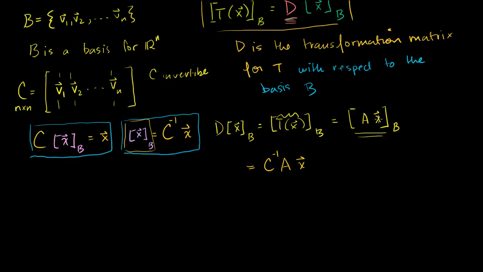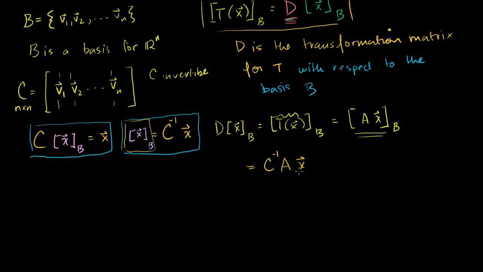The vector Ax represented in these non-standard coordinates is the same thing as multiplying the inverse of our change of basis matrix times the vector Ax. If I have my vector Ax and I multiply it times the inverse of the change of basis matrix, I will then have a representation of the vector Ax in my non-standard basis.